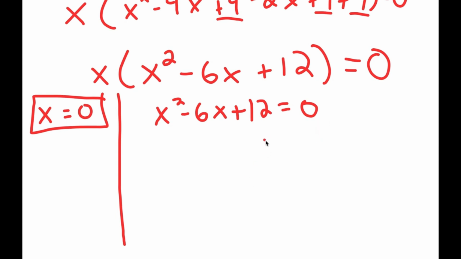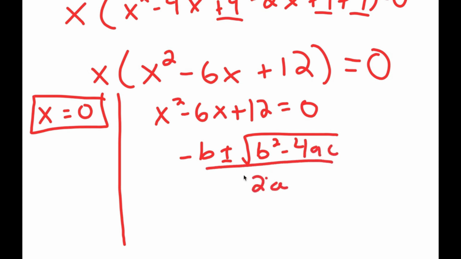To solve this, we're going to have to use the quadratic formula, which is negative b plus or minus the square root of b squared minus 4ac, all over 2a. So in this case, a is 1, b is 6, and c is 12.